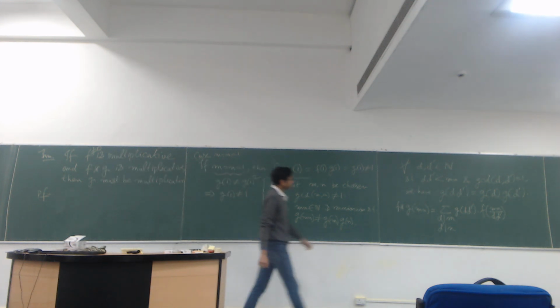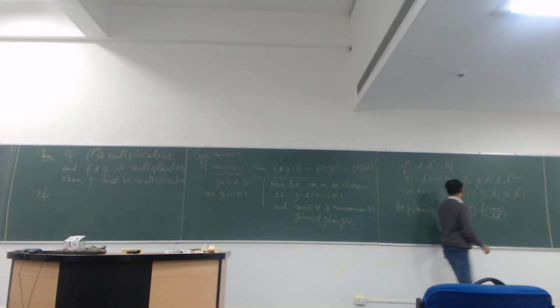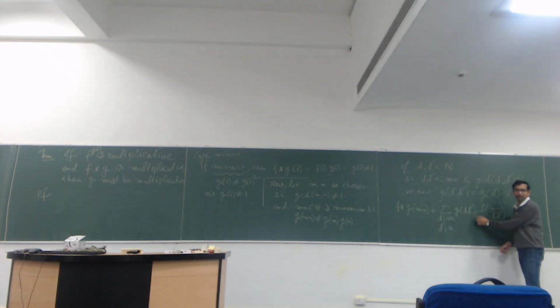So note that for all the d and d prime, as long as d times d prime is less than MN, we can write this as G of d times G of d prime. But that's not the case when we take both d and d prime as equal to M and N.